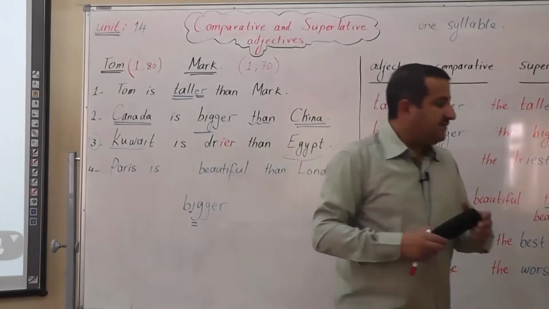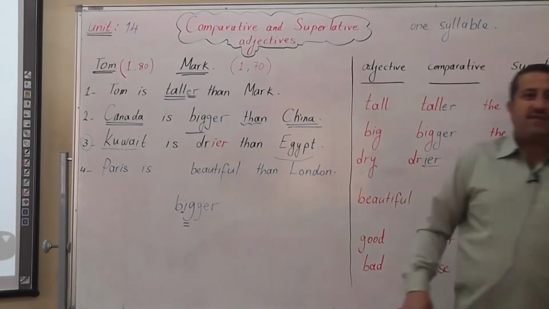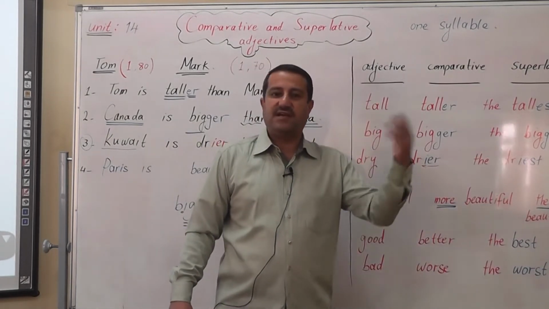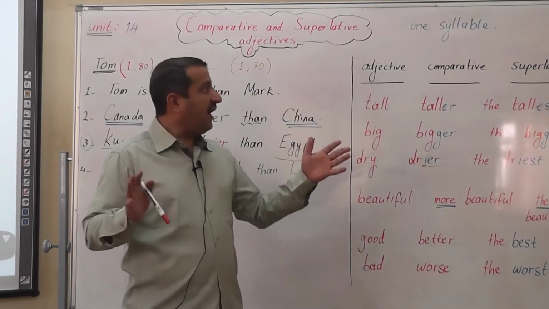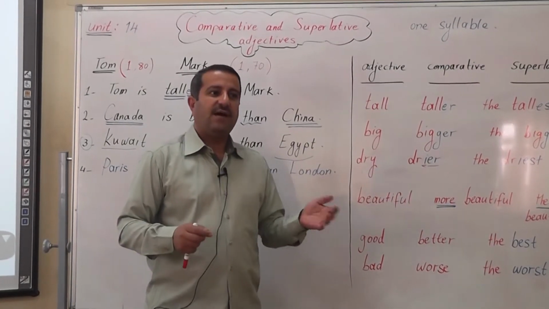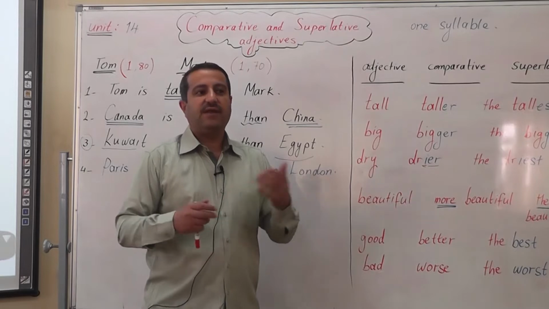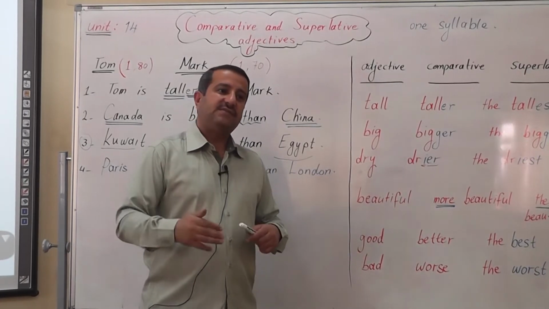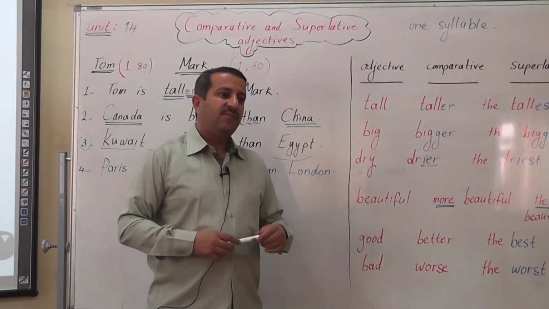Some adjectives have more than one syllable. They have two syllables, three syllables, four syllables, and so on. If we have a long adjective, usually we call it a multisyllabic adjective, or an adjective that has more than one syllable.